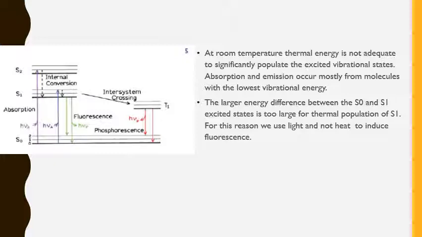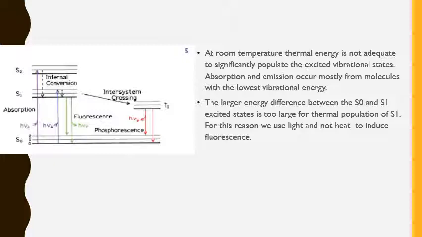At room temperature, the thermal energy is not adequate to significantly populate the excited vibrational states, and absorption and emission occur mostly from molecules with the lowest vibrational energy. We have discussed this rule in the previous lecture also, so you can get the details from there.